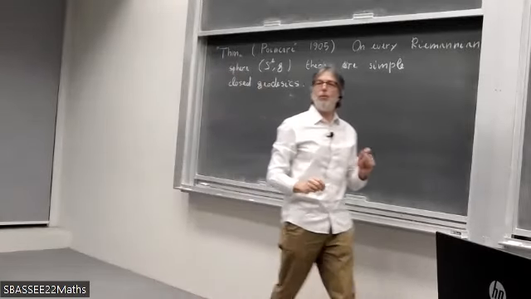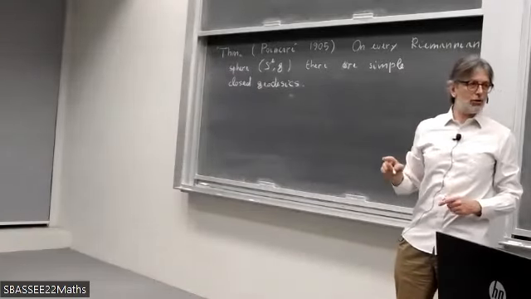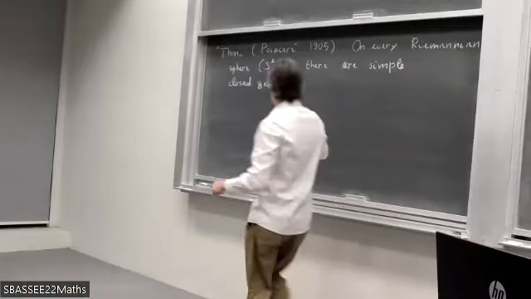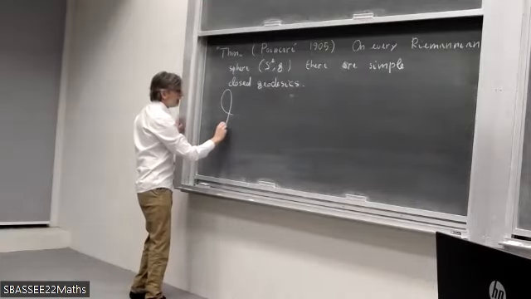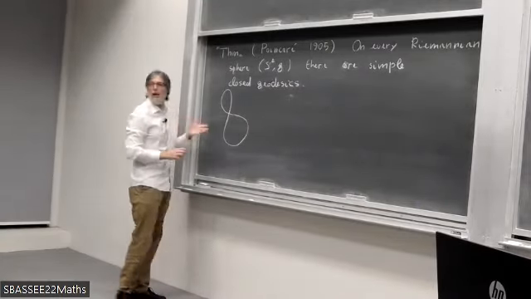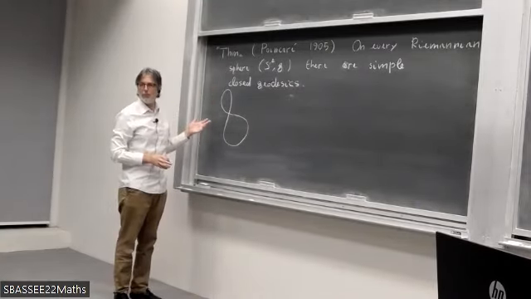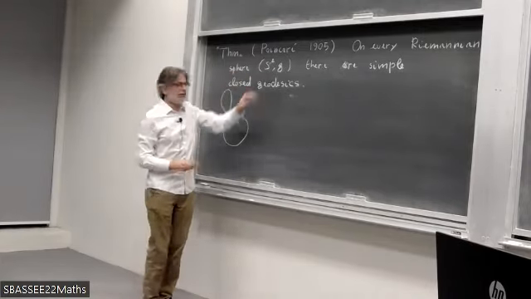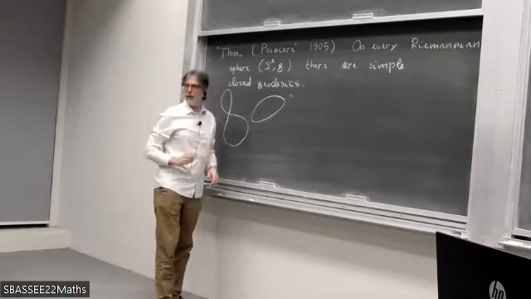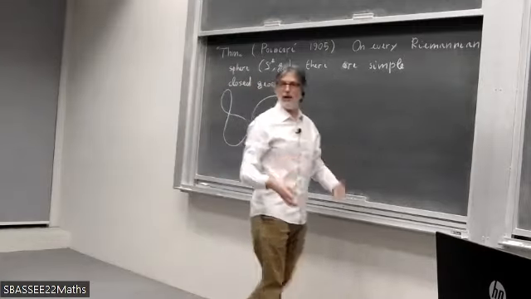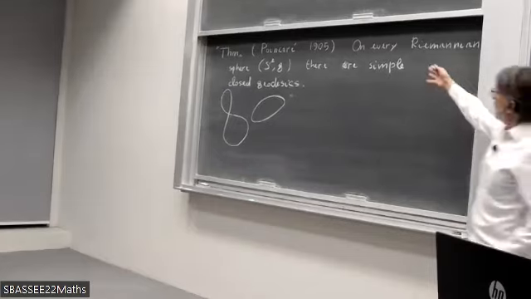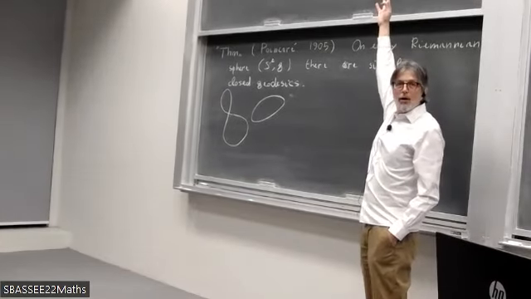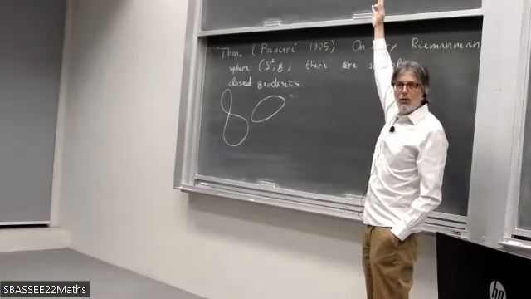Here, simple means without self-intersections. Now, a closed geodesic could have self-intersections. This could be a closed geodesic with respect to some metric. Simple instead means without self-intersection. Of course, this theorem is stronger than the theorem of Billiards.